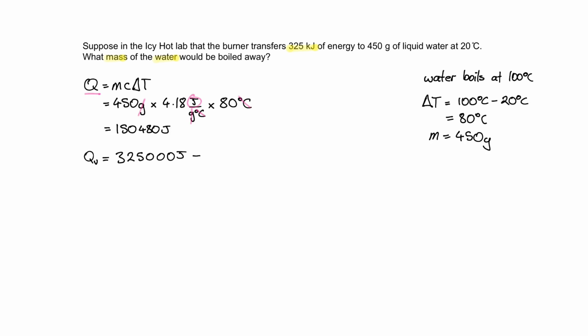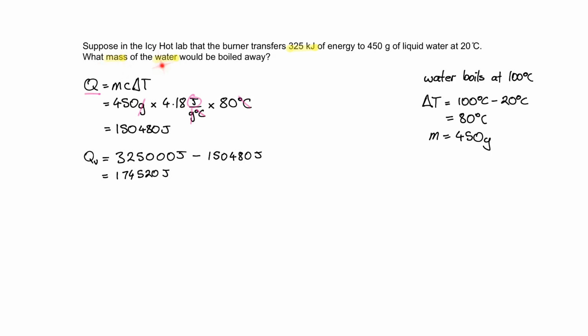And we're going to get rid of the energy that we use to heat the water to 100 degrees, so 150,480 joules. Plugging this into a calculator, we get 174,520 joules.